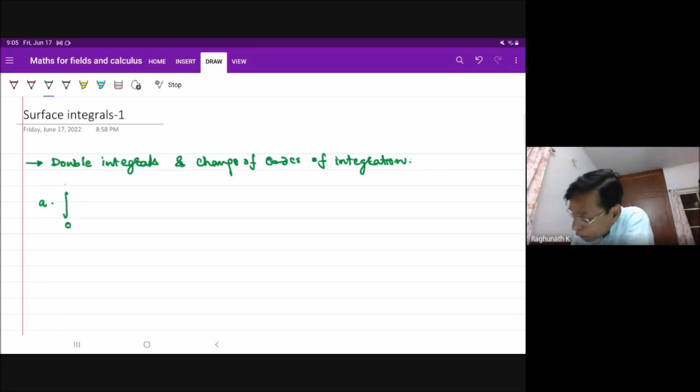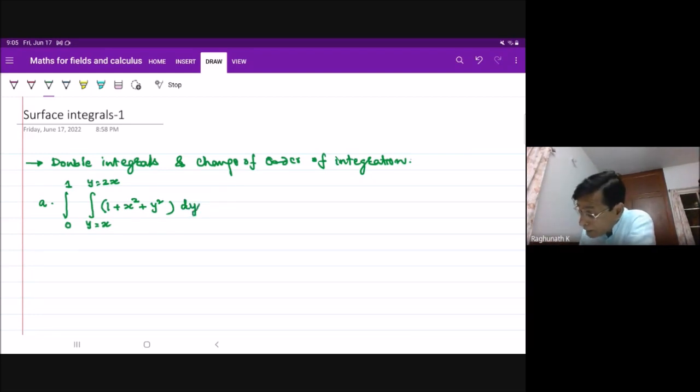Integral 0 to 1, integral y is equal to x, y is equal to 2x. Specifically, I'm writing it now. The function is 1 plus x square plus y squared dy.